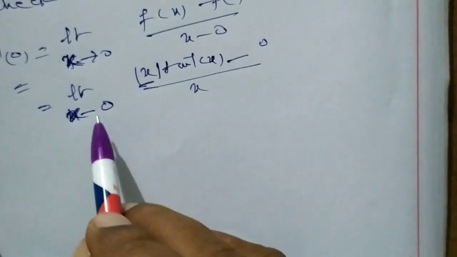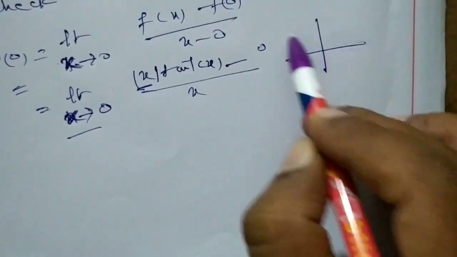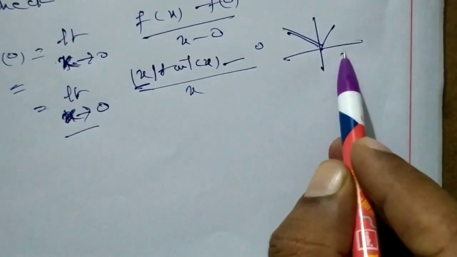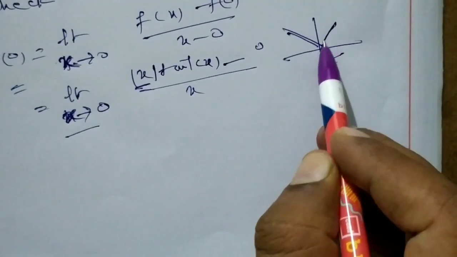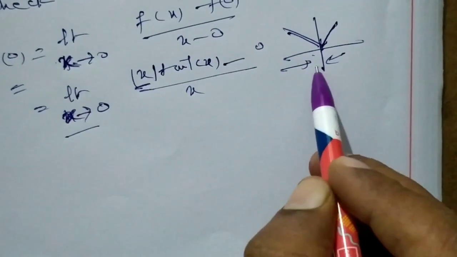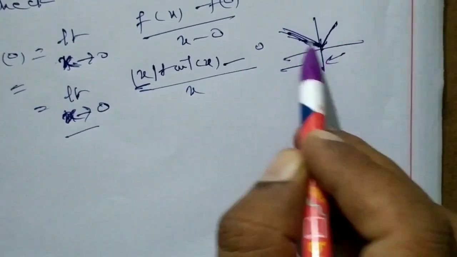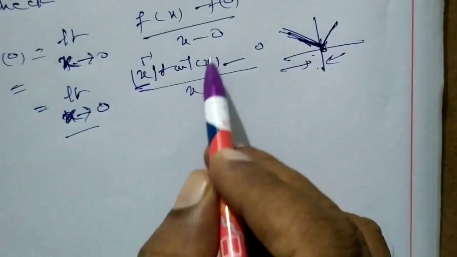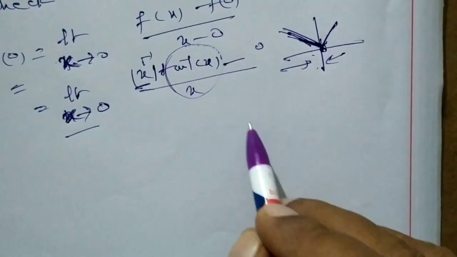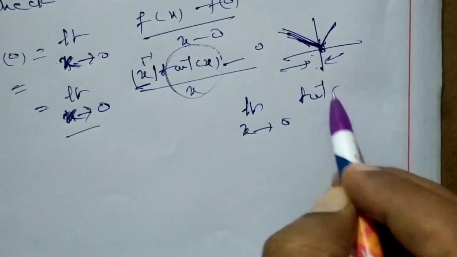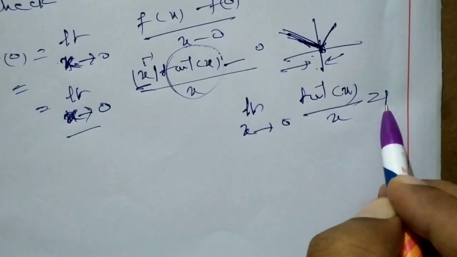Whenever x approaches 0 from either side, modulus of x approaches 0. And we know that limit x tends to 0 of tan inverse of x by x is equal to 1.